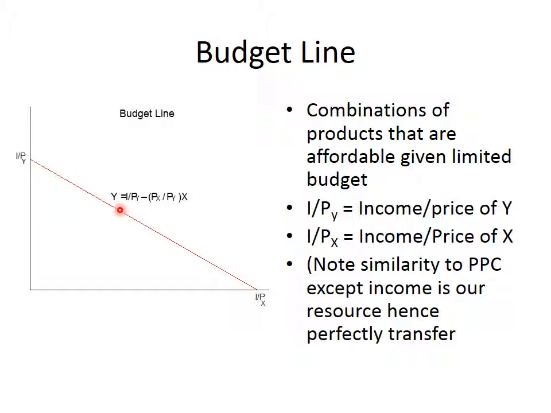Well, that means that if we have $20 to spend and product Y is $2, we can buy a maximum of 10 Ys. So this number would be 10. Because X is $1 and we have $20 in our pocket, we could buy a maximum of 20 of these. Okay? So that we can buy anything along this line for the same budget. Okay? Any combination that will yield that for us.